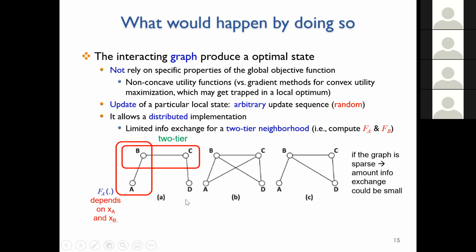This is a distributed implementation, because now you don't need coordination to decide which one should go first. You just do it randomly, spontaneously. Secondly, when you make the decision for A, you decide the power level for A such that your F_A is maximized if by best response, or it goes to a good one according to a probabilistic distribution, which means the exponential version.